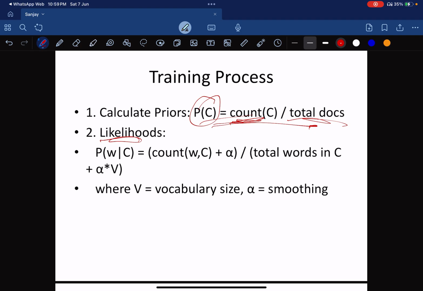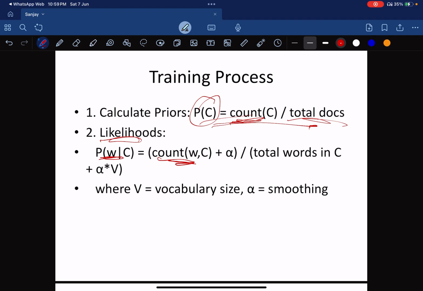We find the probability of each single word in the given message, and the probability of that word belonging to that class. In the word count, if there is a word x, it finds the number of times x occurs in that class.